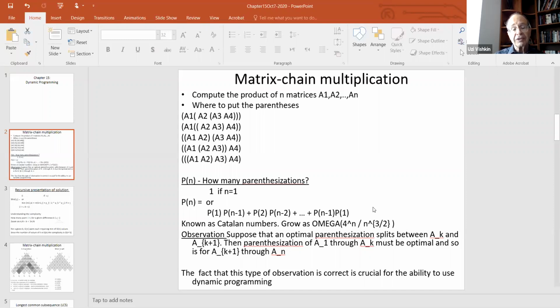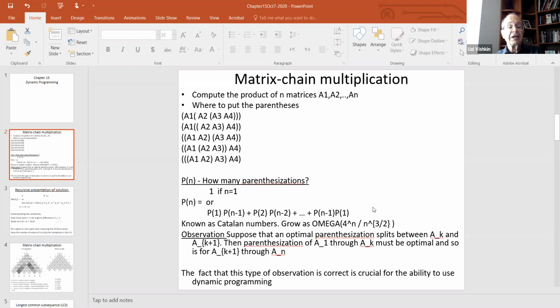It is interesting because the challenge is to come up with the correct order of parentheses. Because how do you multiply two matrices? You basically need to do, and that's our assumption, as many operations as the dimensions of the first matrix, meaning n1 times n2, and then n2 has to be the first dimension of the second matrix, so it will be n1 times n2 times n3.